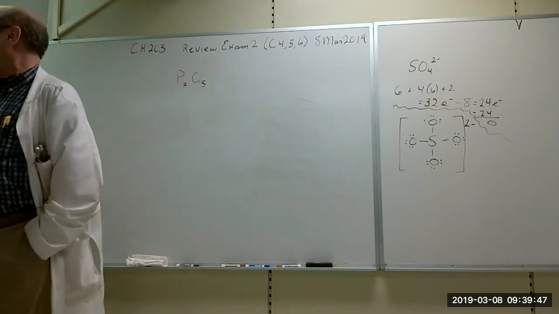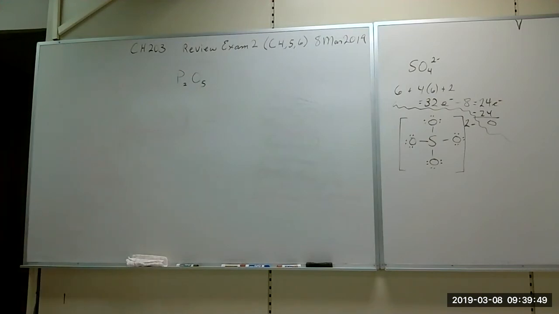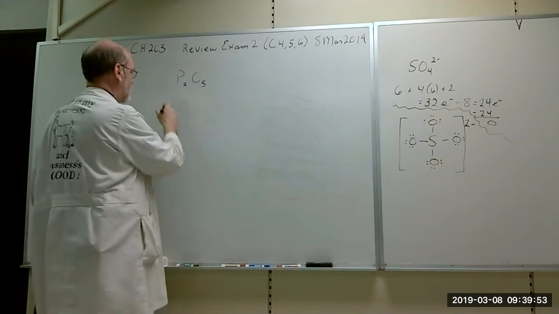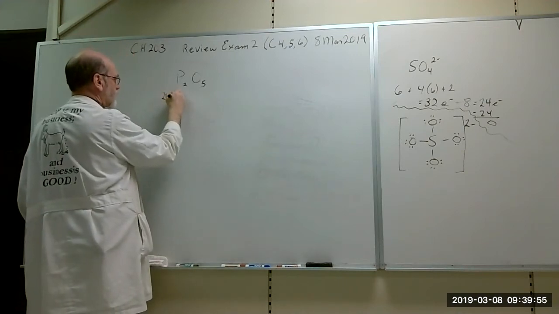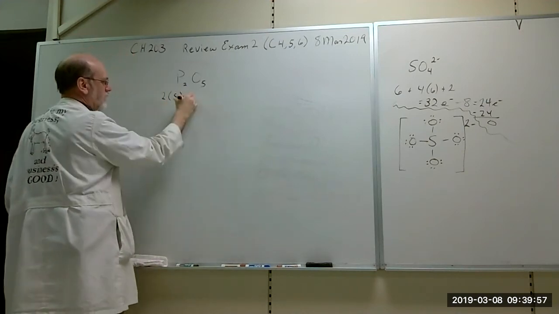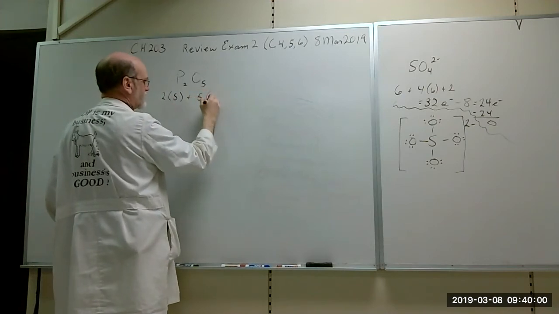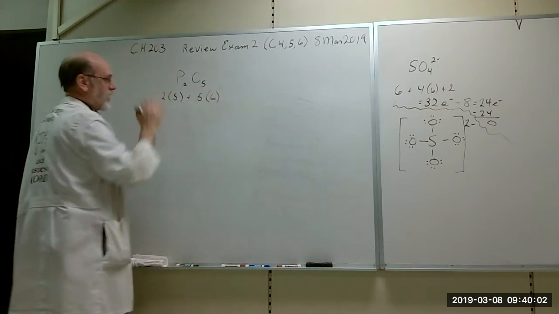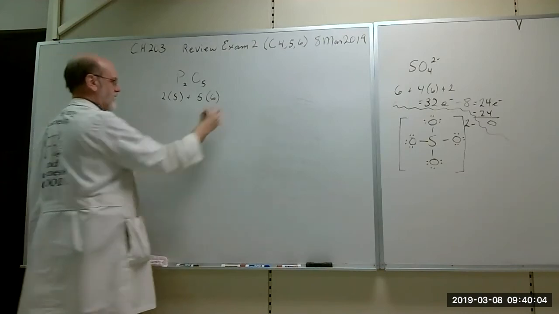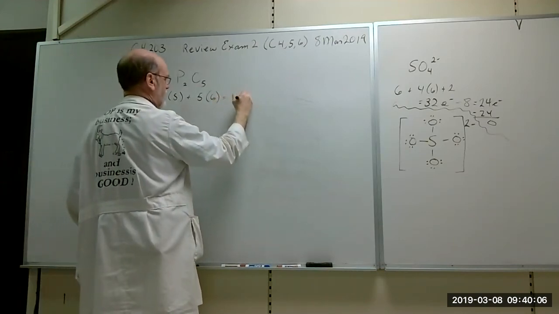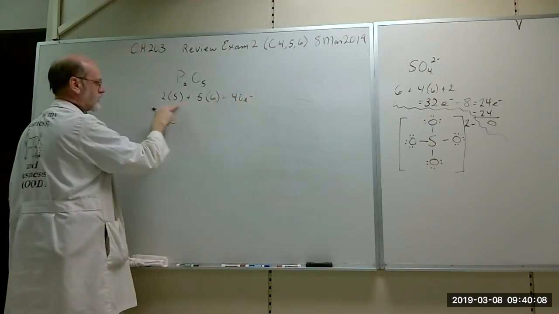Okay, phosphorus is in nitrogen's group, so it's going to have 5 valence electrons. So we have 2 times 5 for phosphorus, and then we have 5 times 6 for oxygen. So that's 40 electrons. Right? 30 plus 10 is 40.